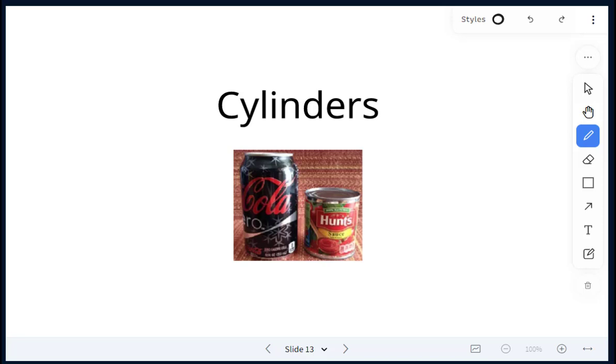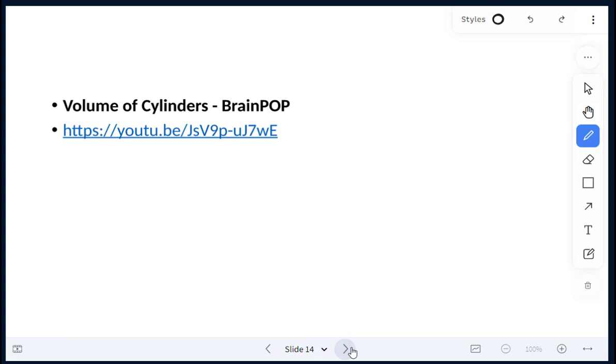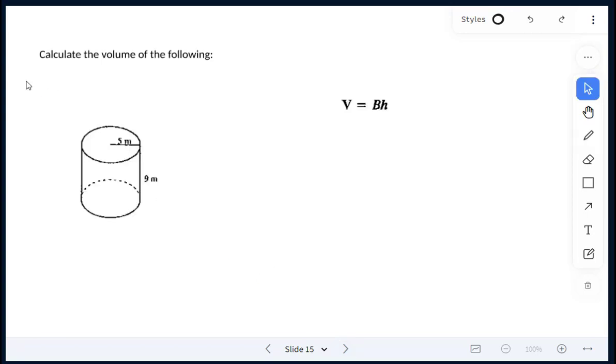So next we are going to look at cylinders, calculating the volume of cylinders. So we'll start by watching this quick video, calculating the volume of this prism. So again, our formula stays the same. It's still volume equals area of the base multiplied by height.